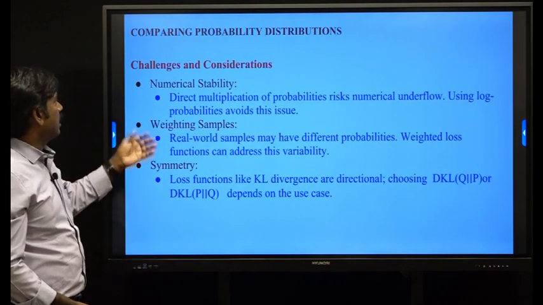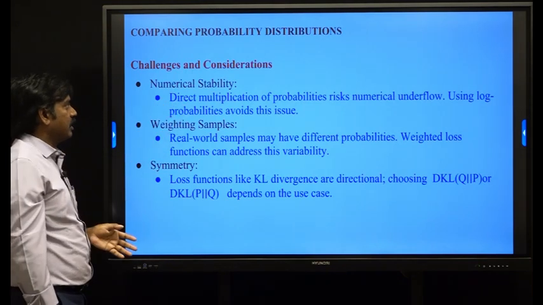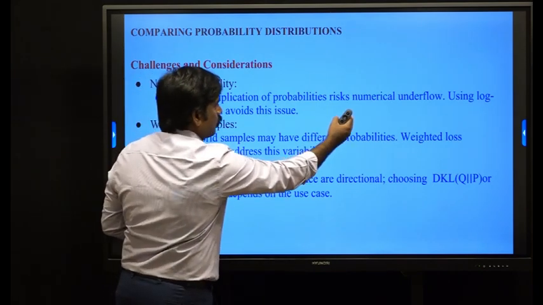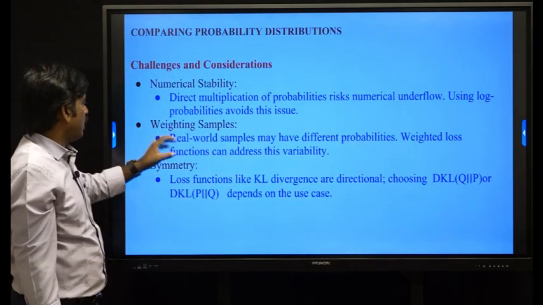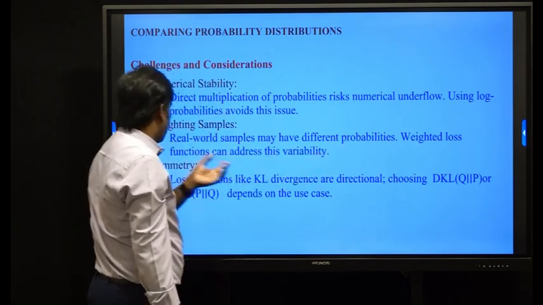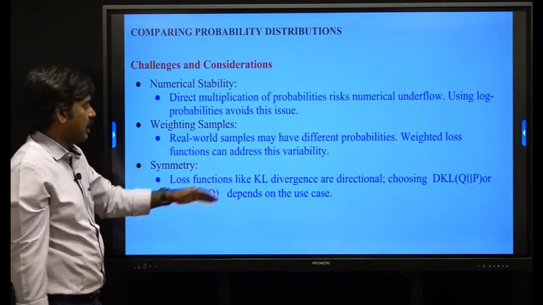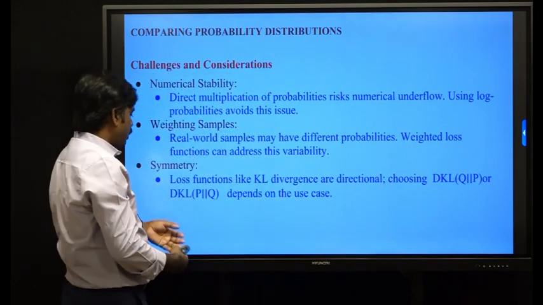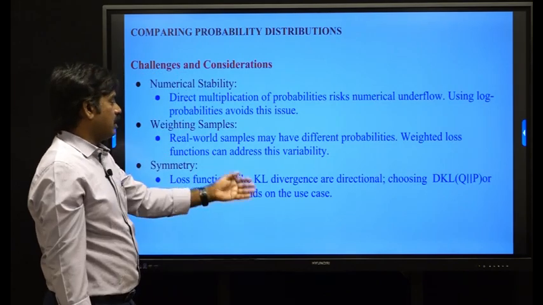Challenges and considerations: the first is numerical stability. Direct multiplication of probabilities risks numerical underflow, and using log probabilities avoids this issue. Next, weighting samples: real world samples may have different probabilities, and a weighted loss function can address this variability. Then symmetry: loss functions like KL divergence are directional, and choosing D_KL(Q||P) or D_KL(P||Q) depends on the use case.